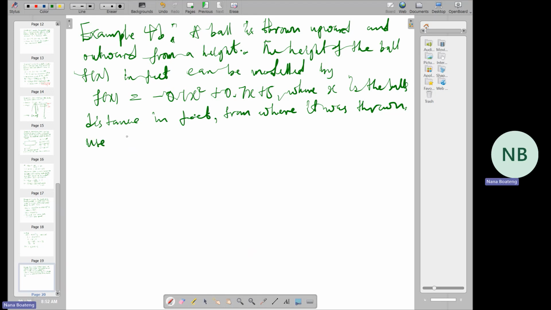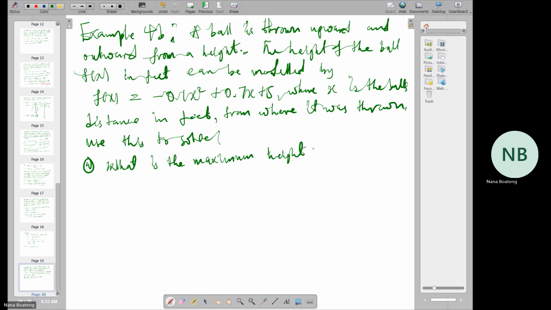Use this to solve A: What is the maximum height of the ball, and how far from where it was thrown?